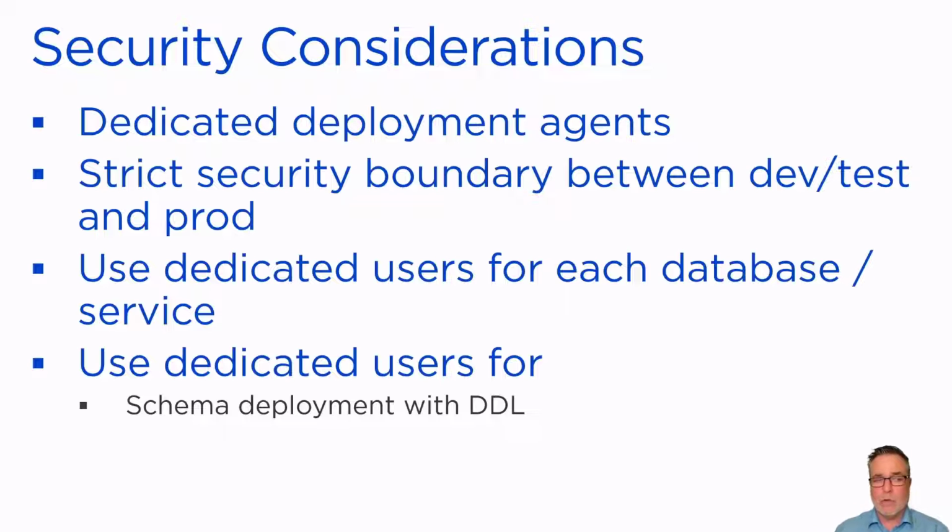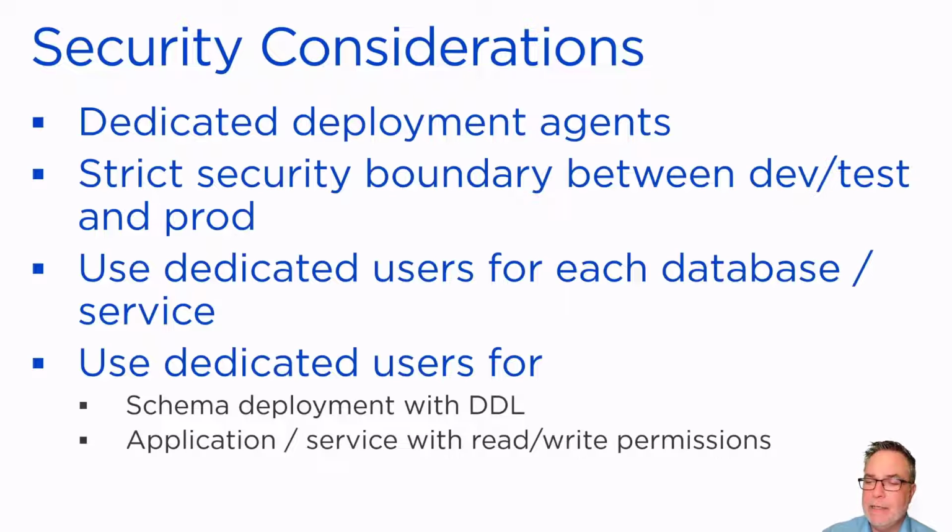It needs far more rights. This needs to be done with a dedicated user. So for each application, you have the runtime user to read-write data, and we have a deployment user which has more privileges, creating tables, deleting tables, and so on and so on. So we need a dedicated user with DDL permissions, and the application user should just have read-write permissions on the database.